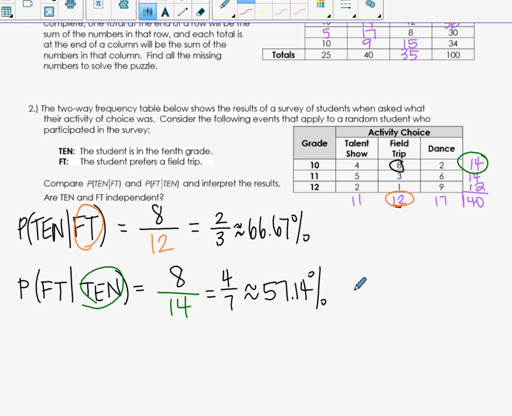Okay. Now it says interpret the results. So again, you can pick what you want, but I usually go with whatever the bigger one is.